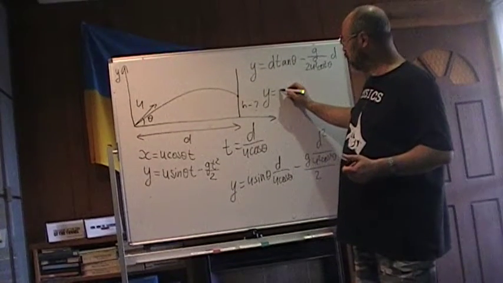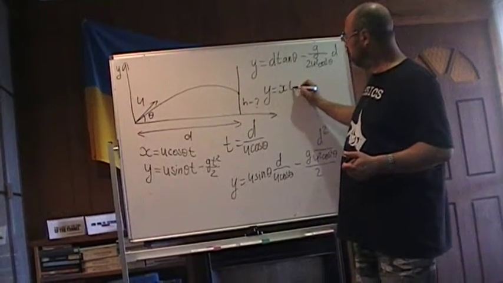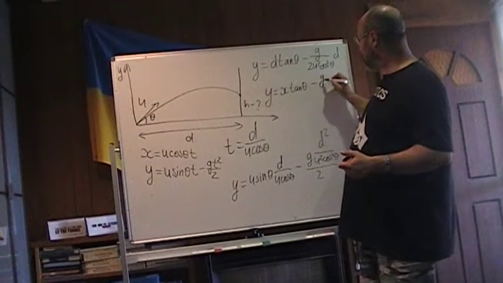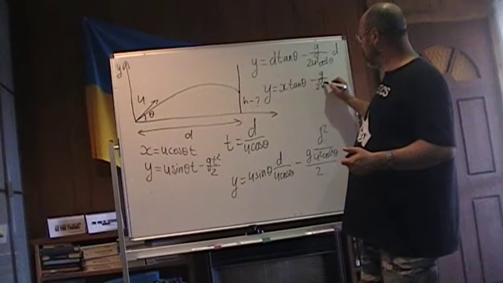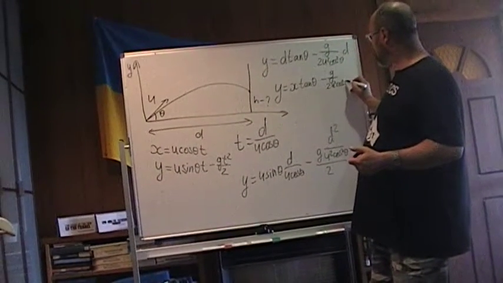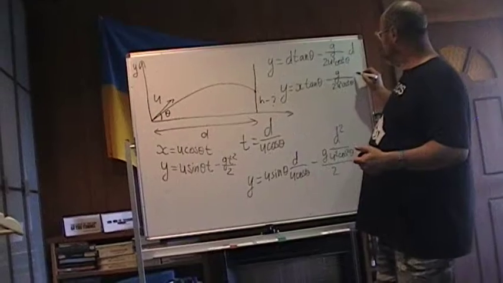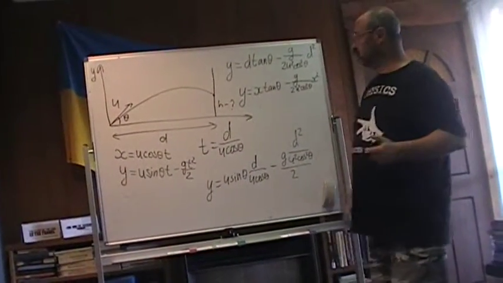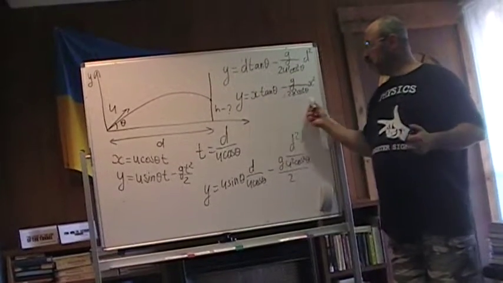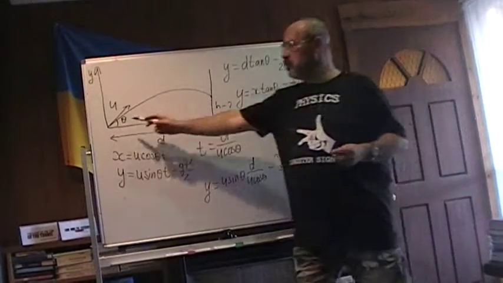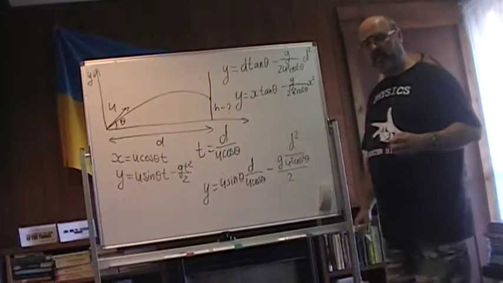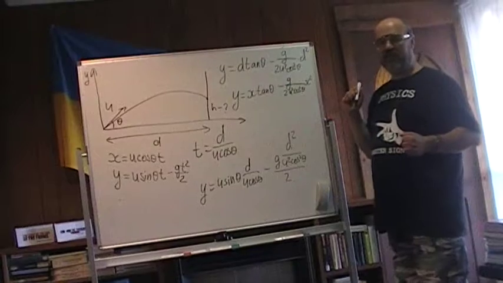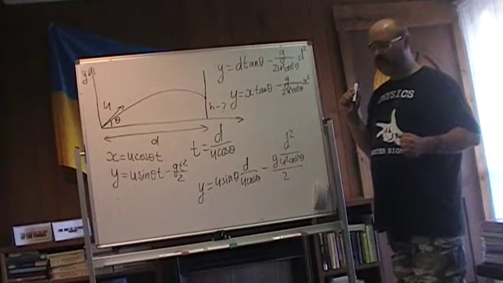So we can write it as x times tan theta minus g over 2u squared cos squared theta times x squared, or d squared here. So this is the equation of this parabola, and it gives you height at any given distance.